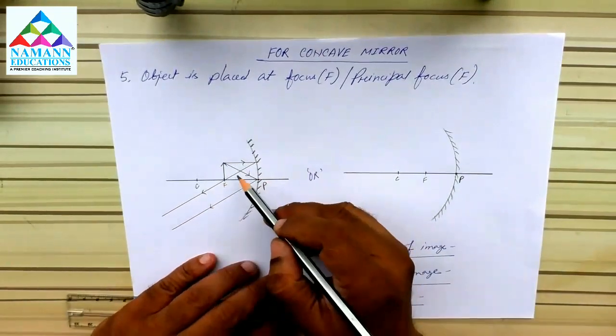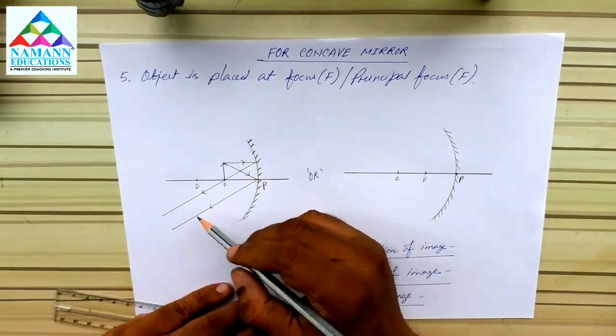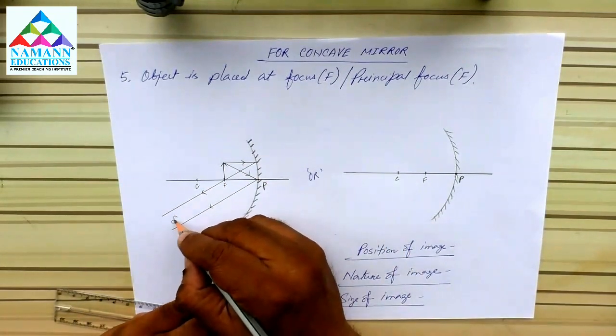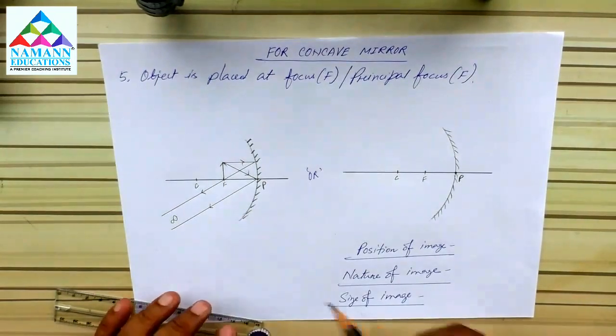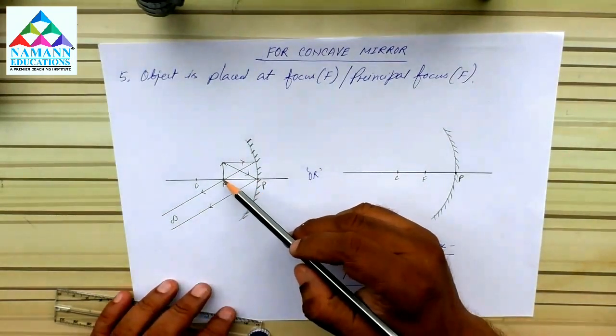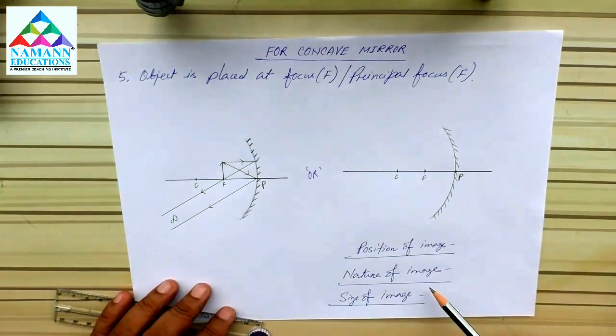So these two reflected light rays, they are parallel, and it is said that image is formed at infinity. So if object is placed at focus, image is formed at infinity. Nature of image will be real and inverted, and size of the image will be highly enlarged or magnified, we can say.